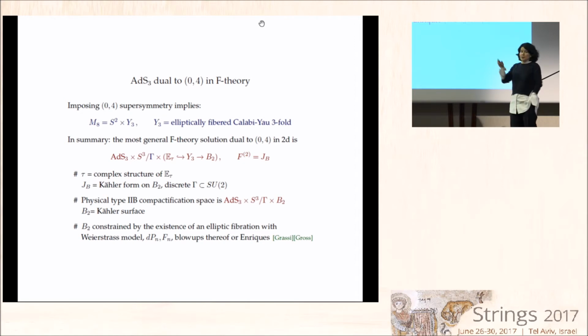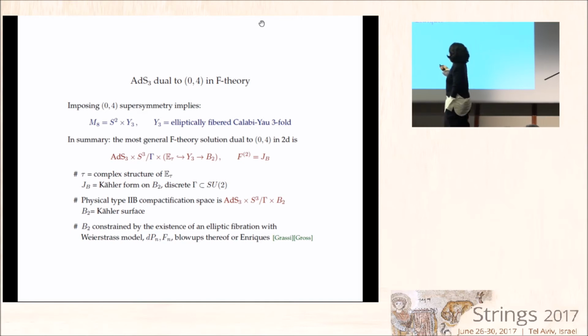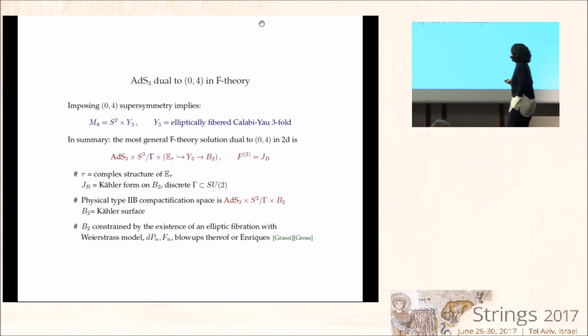So this is the F-theory solution: AdS3 times S3 times Y3. And the flux is fixed in terms of the Kähler class of the base of this Calabi-Yau. Here again, tau is the complex structure of the elliptic curve.